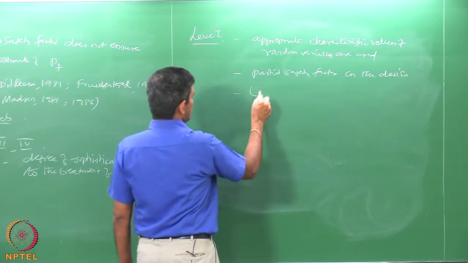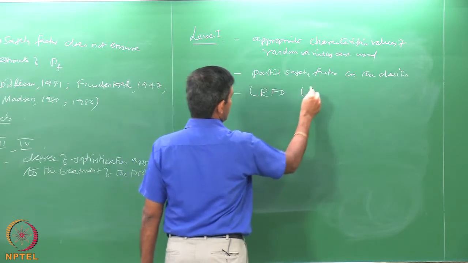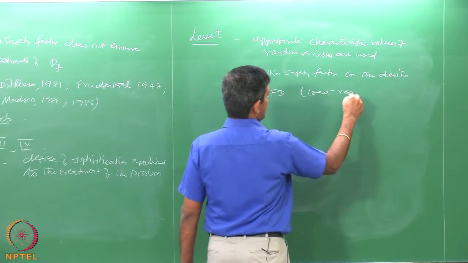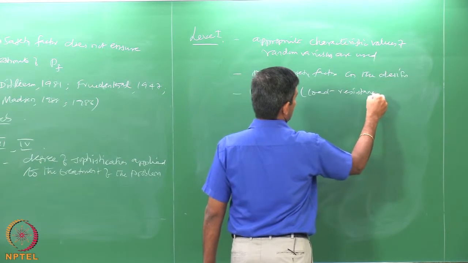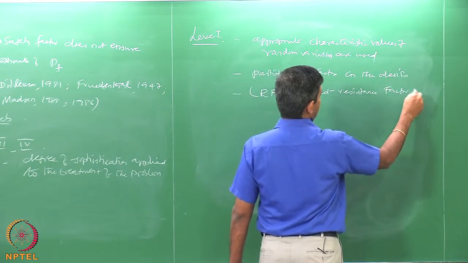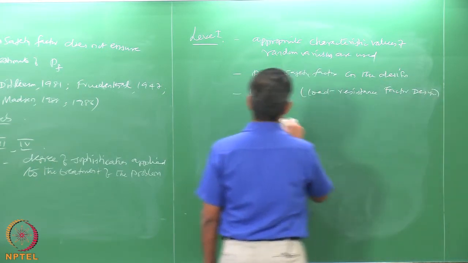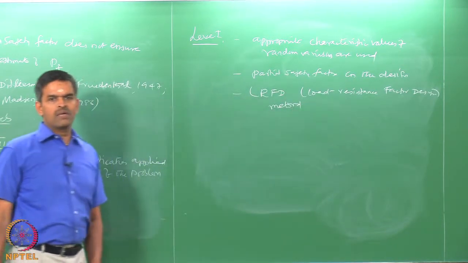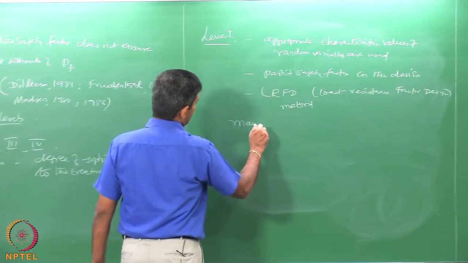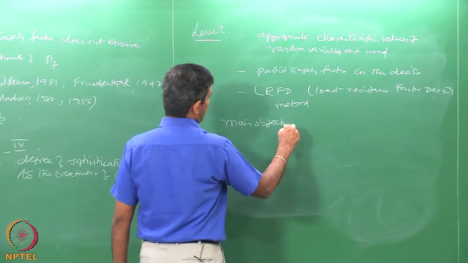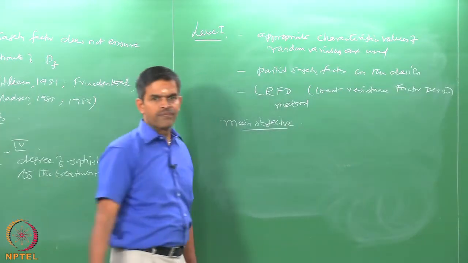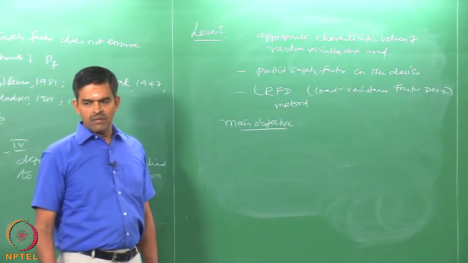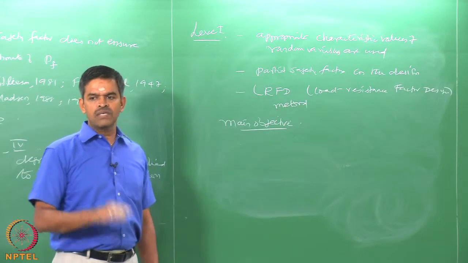For example, LRFD, that is the load resistance factor design method, is a classical example of first level reliability analysis. The main objective in this level of reliability is to minimize the error between the target value and the design deviate.